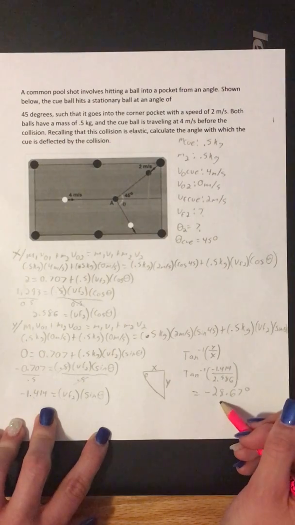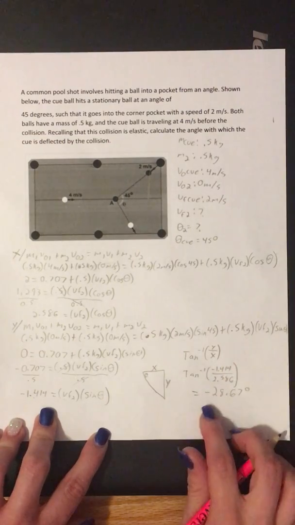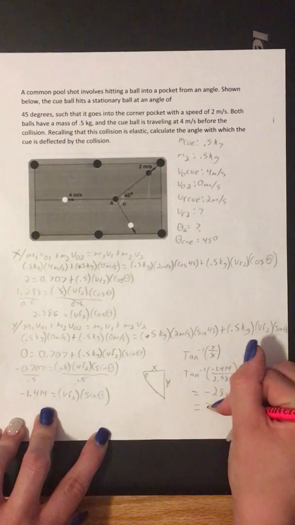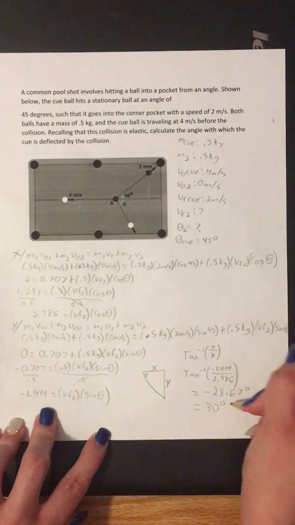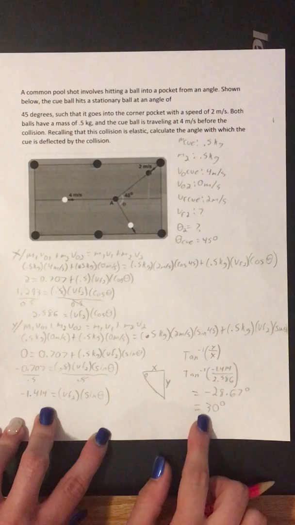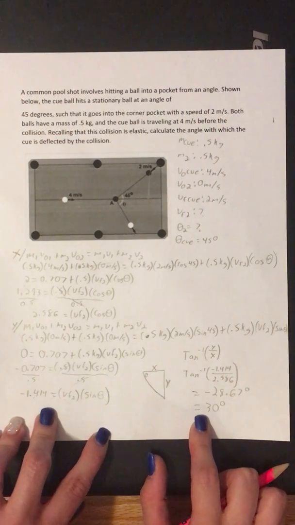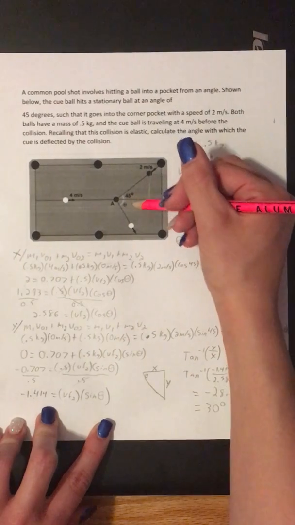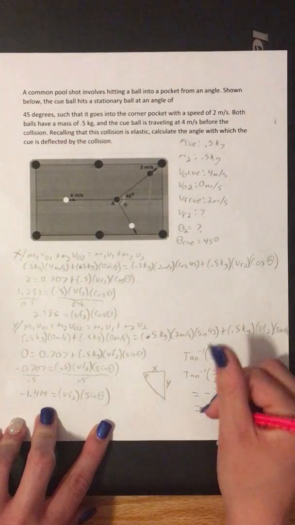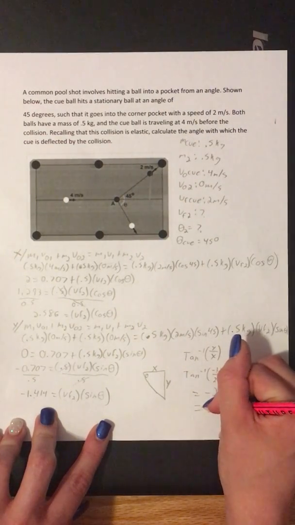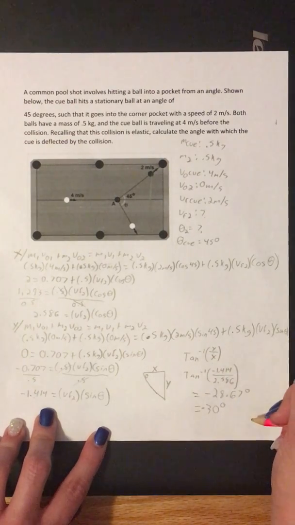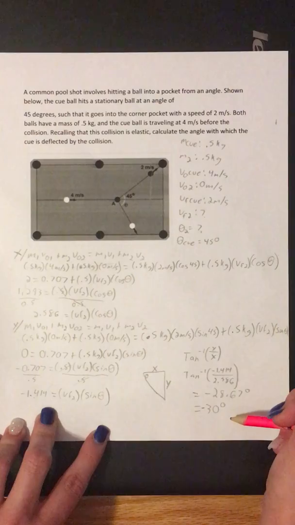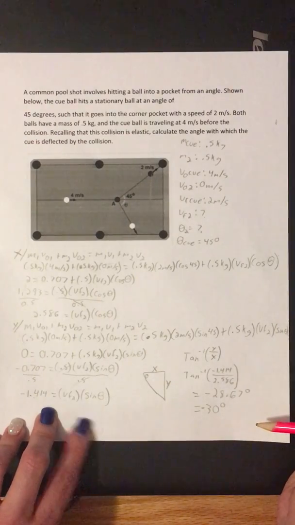But this isn't totally our answer yet because we need to do sig figs. So we have to have 30 degrees because of our sig figs. Now, it is going in the negative direction, so you can put a minus 30, or you could just write 30 degrees going in the negative direction. And this is our answer.